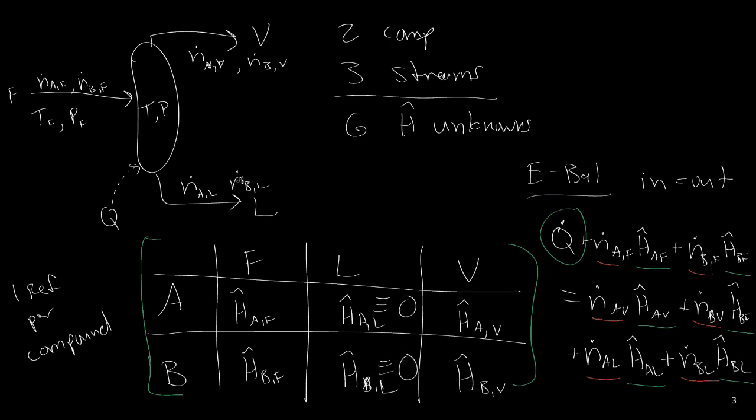The reason I like to choose this as the reference point is because when we're trying to calculate the H hat for the feed and the vapor stream, we really only need to perform one calculation. Since the feed is generally a liquid, going from the feed to the liquid stream only involves effectively a C sub P dT calculation, how much energy it takes to change the temperature of a liquid.